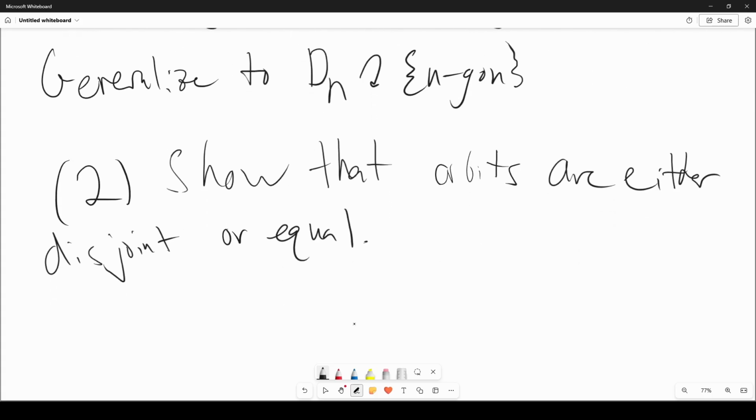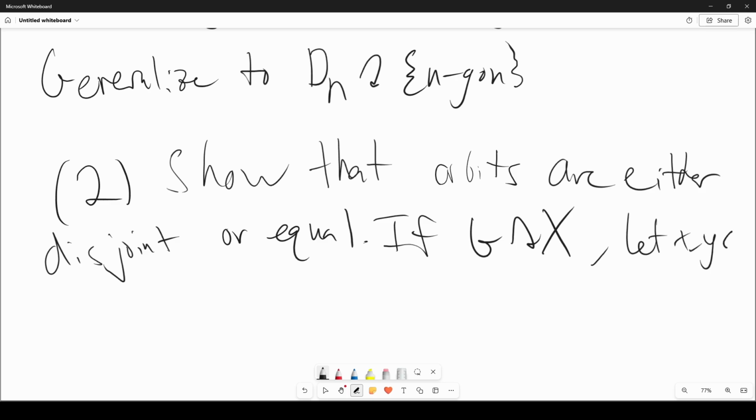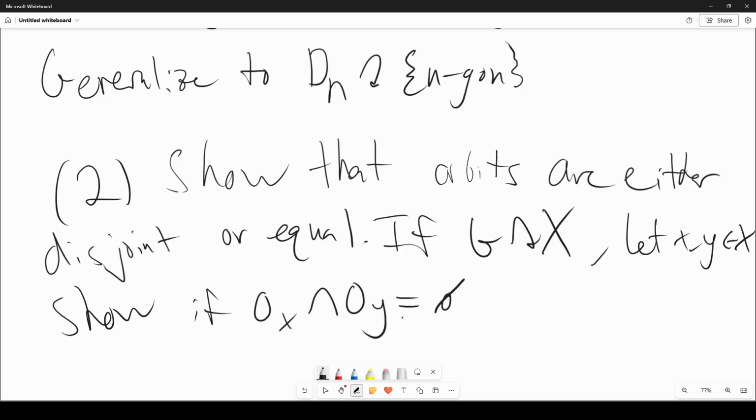Okay, said more rigorously, if G acts on a set X, let x and y be two elements in the set. Show if OX, so the orbit of x, intersected with the orbit of y is not the empty set, so there's something that's in both of them, then OX equals OY.